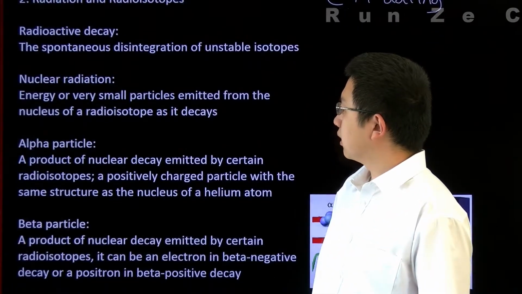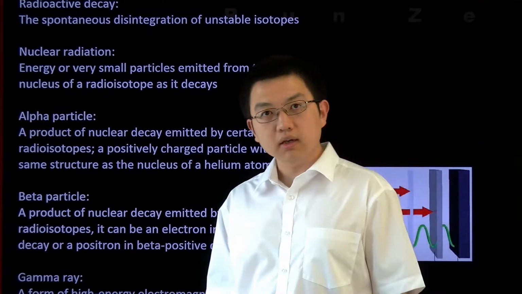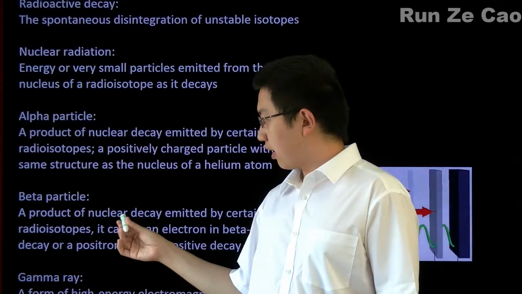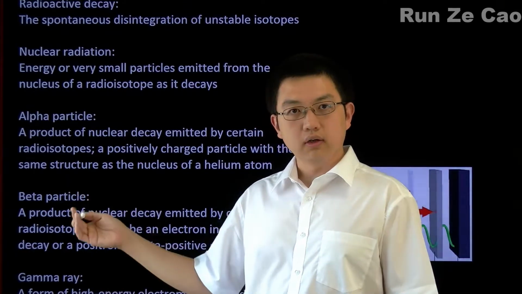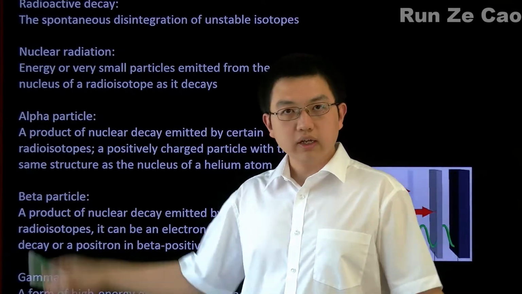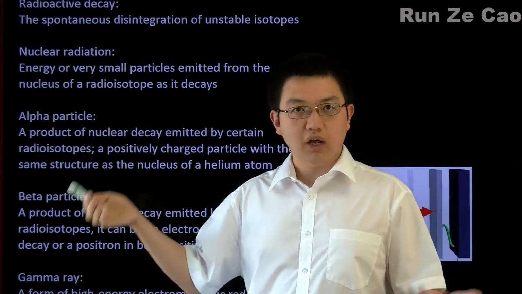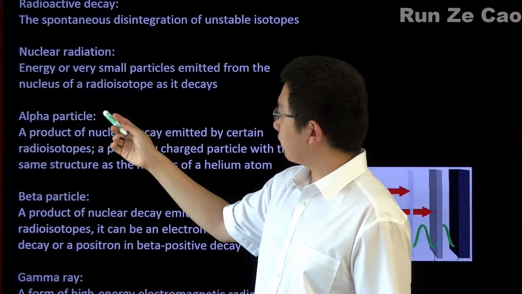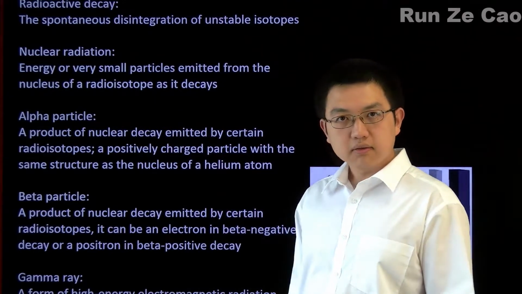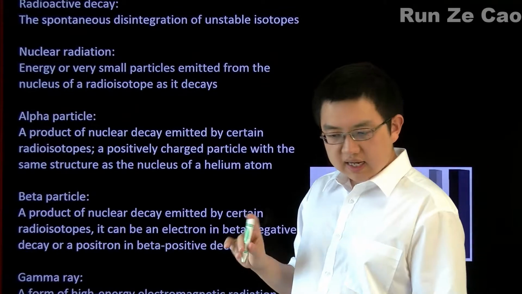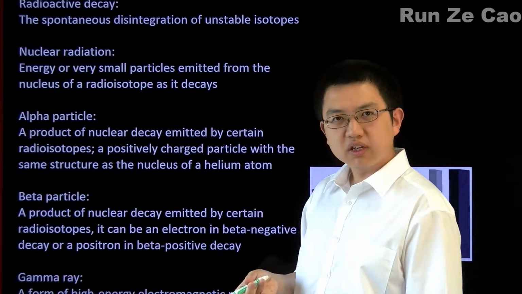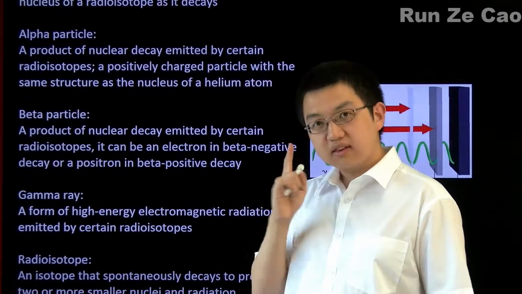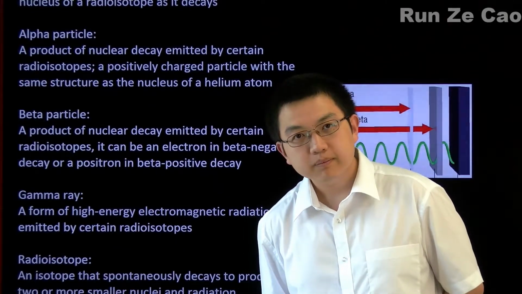Now, nuclear radiation can be stuff like electrons, or it can be other small particles, i.e. alpha particles, or positrons, or it can be in the form of just energy, photons, as in gamma rays. So these are emitted from the nucleus of a radioisotope as it decays. Well, to say that gamma rays are emitted from the nucleus as it decays is not quite accurate in one sense. Why?